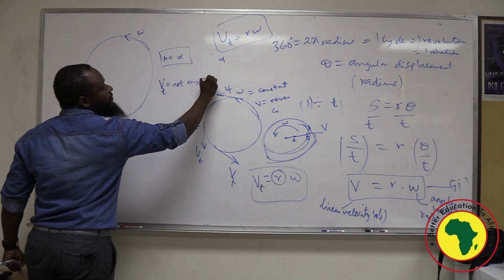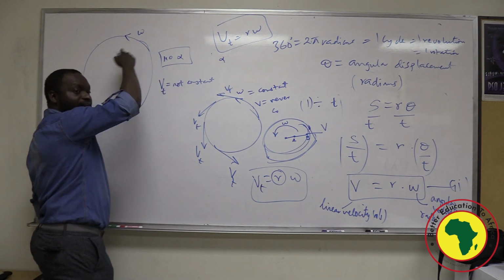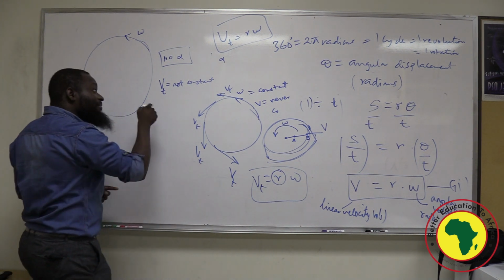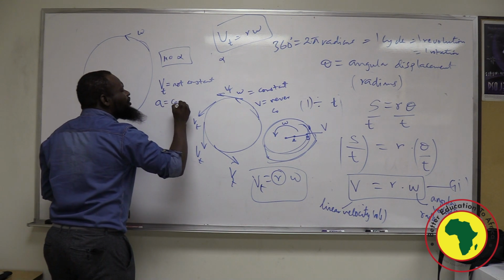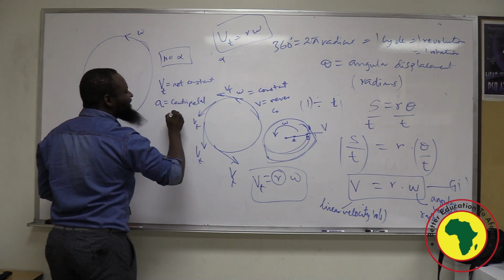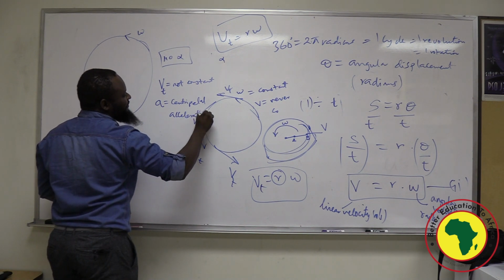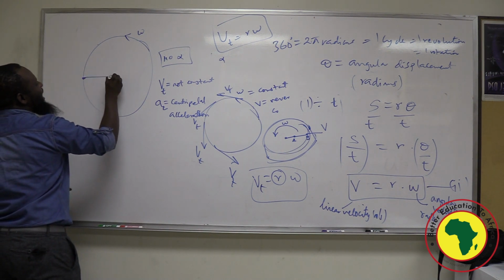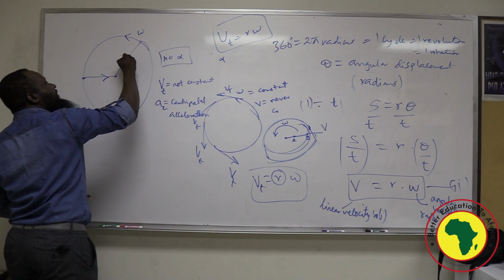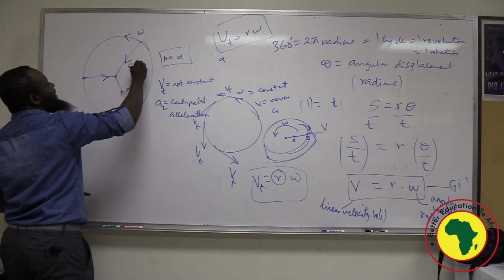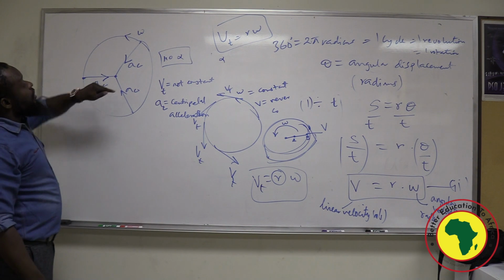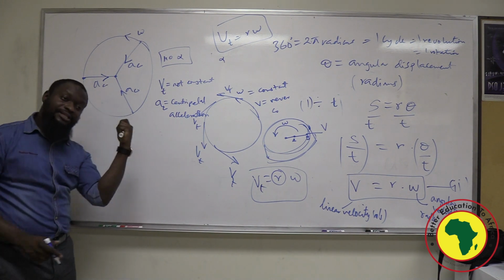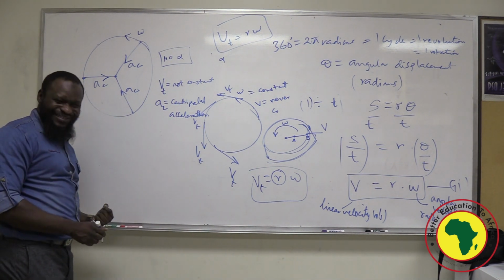But even if I don't have an angular acceleration, I'm moving at a constant angular velocity, just like a fan rotating steadily, I still have some linear acceleration called the centripetal acceleration, or the center-seeking acceleration. I call it A subscript C. The centripetal acceleration is the acceleration that is always acting towards the center of the circle. It doesn't care where I am. It's always towards the center of the circle. So irrespective of me moving with a constant angular velocity, I have this centripetal acceleration that tries to drag me into the center of the circle.